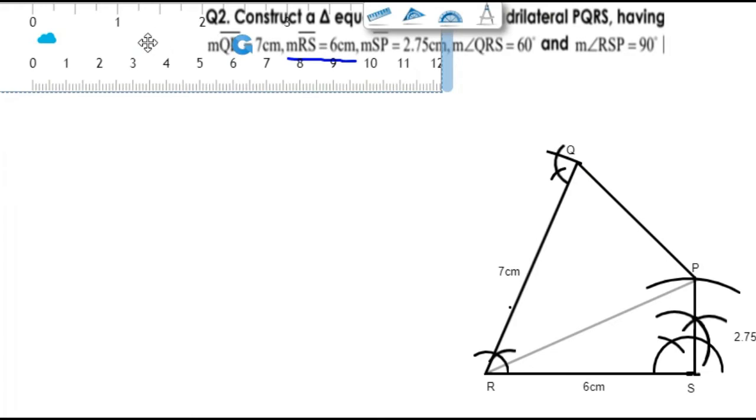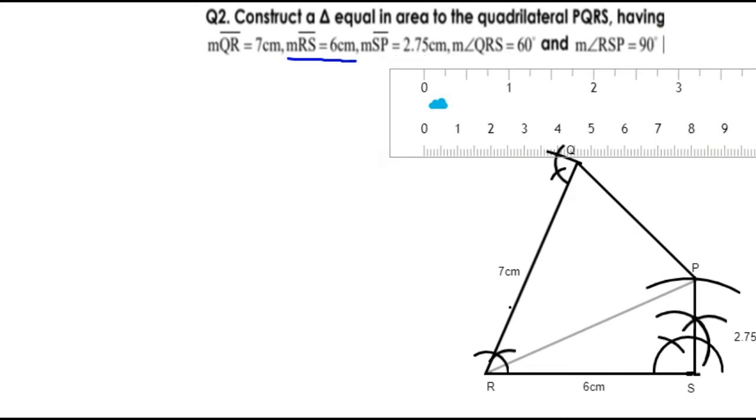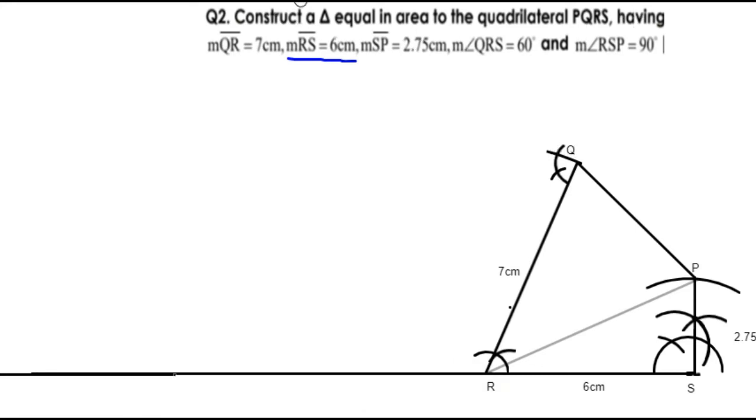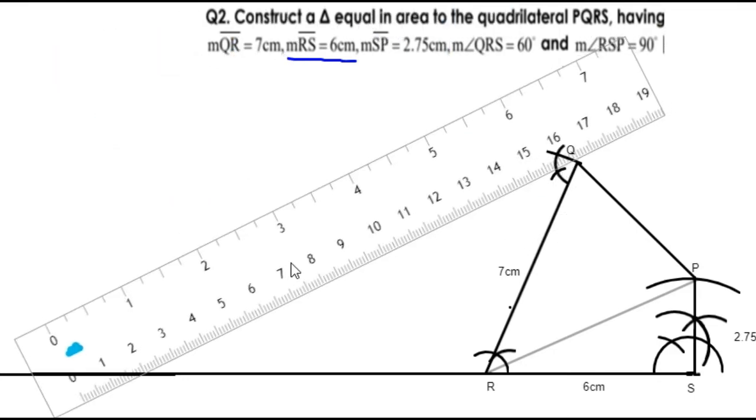Now we have to take the scale, and same as in the previous question, we have to extend our RS. So I have extended it up till here. Now take the scale and draw a line at this point. This will be the parallel line.